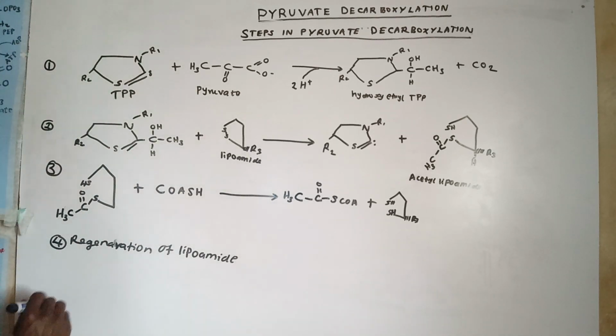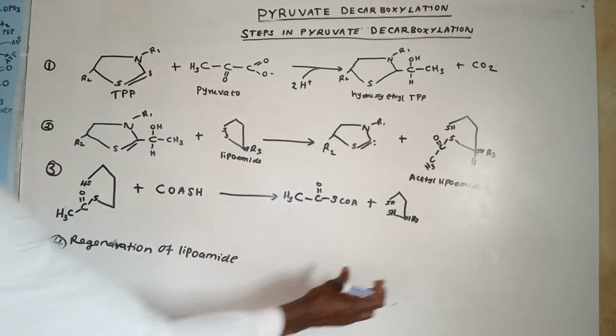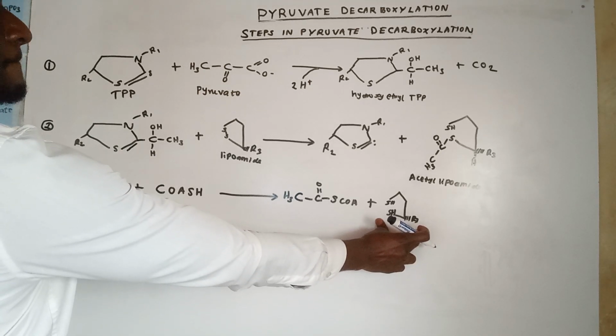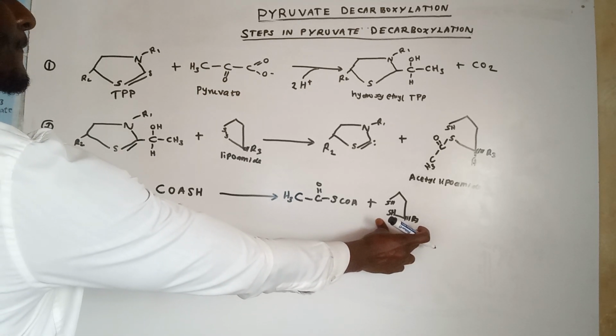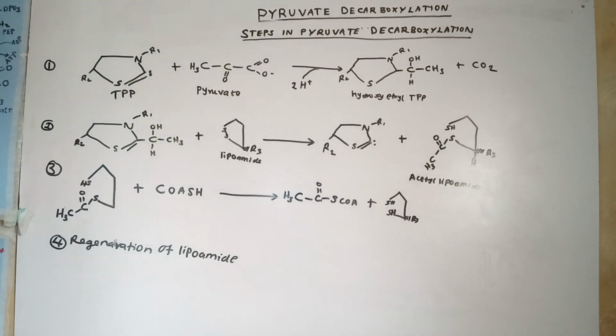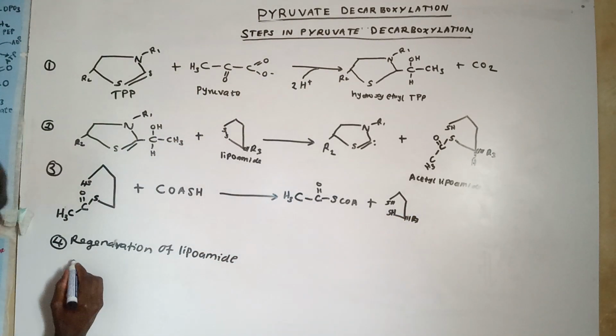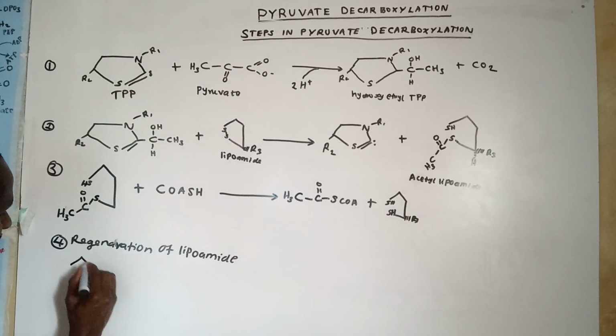So our dihydrolipoamide reacts with the FAD positive. Dihydrolipoamide reacts with the FAD positive to form lipoamide.